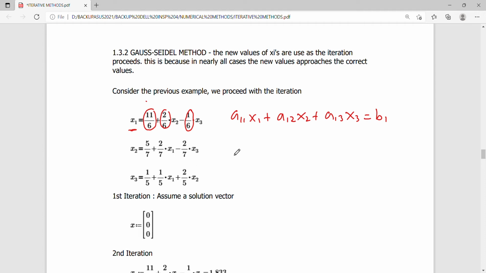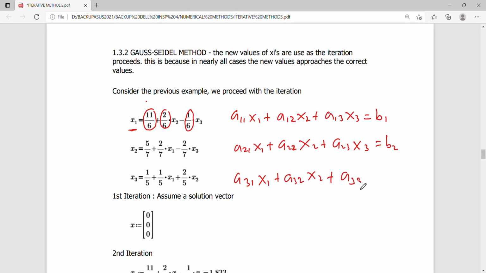Okay, and also your second row on the matrix of equations is A21 x1 plus A22 x2 plus A23 x3 equals B2, and also your A31 x1 plus A32 x2 plus A33 x3 equals B3.